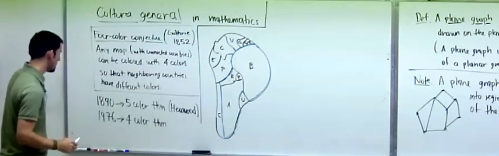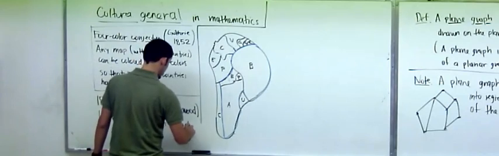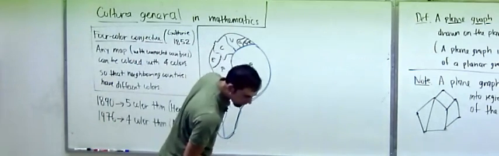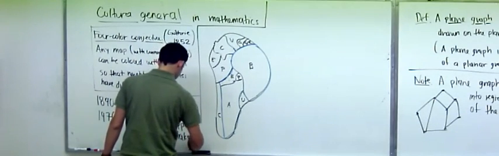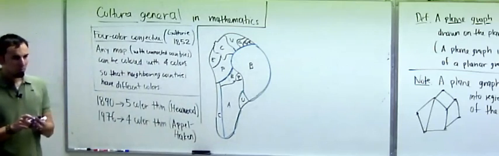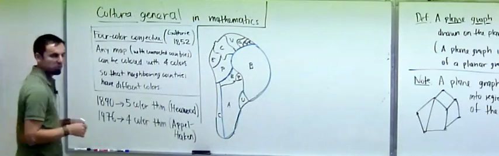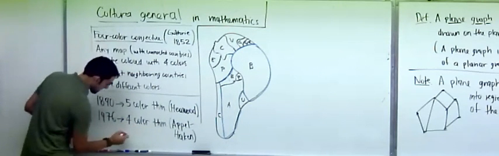These were 2 guys, Appel and Haken. Wasn't there a lot of dispute though over whether they really solved it or not? Right. People aren't very happy with this proof to this day, because first of all, this paper is like 500 pages long.